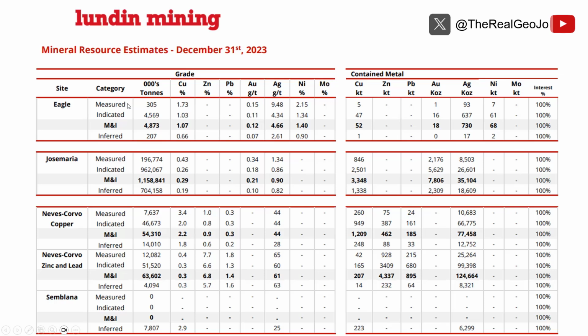Here the measured are in one line, the indicated in another line, and then they add measured and indicated together, and they give you a value for each of those parameters. Inferred, on the other side, is stated aside and is not added to measured and indicated. You cannot add inferred into measured and indicated.